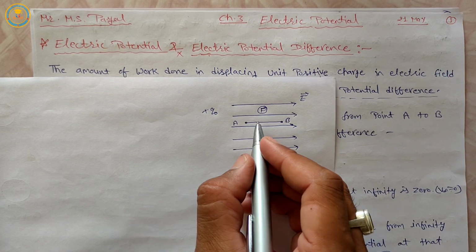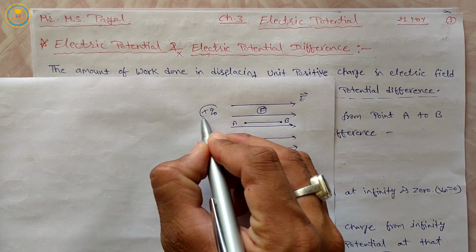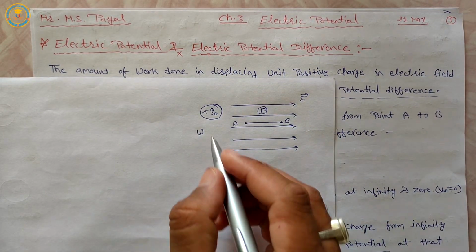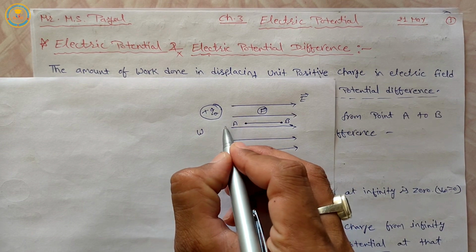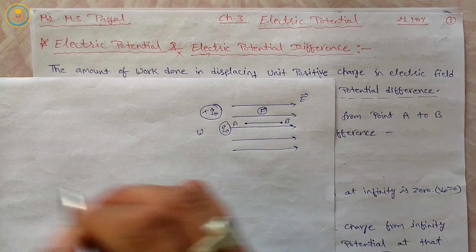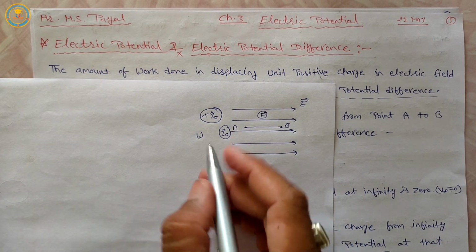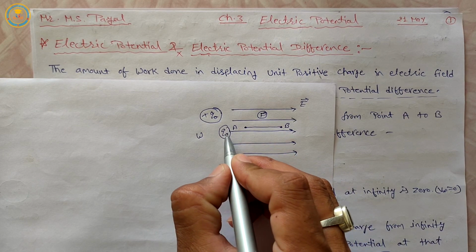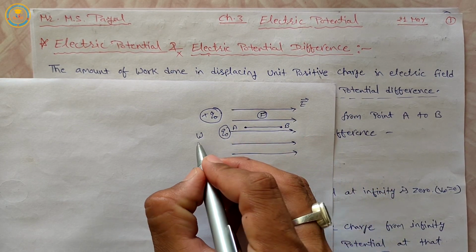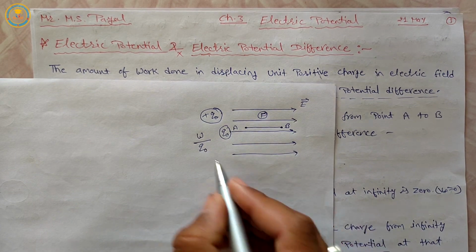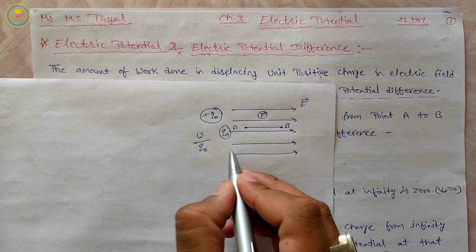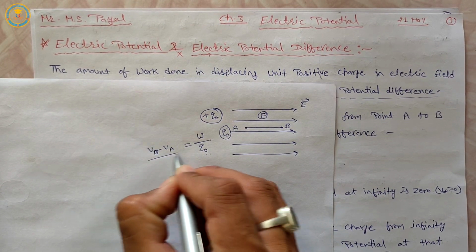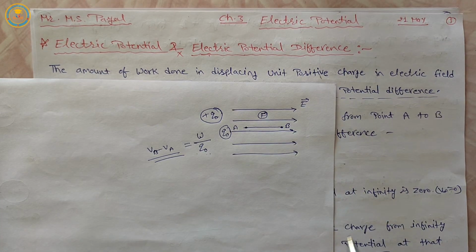Then the work done in displacing this positive charge in this electric field is W, and suppose the magnitude of this charge is Q naught. Then the ratio of the work done in displacing this positive charge in the electric field and the magnitude of this electric charge is equal to the potential difference between those points.